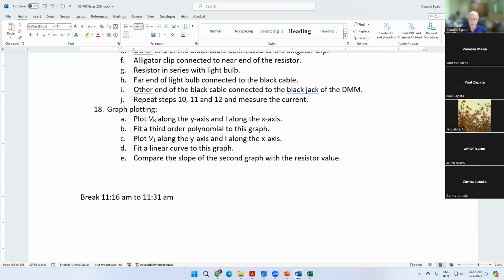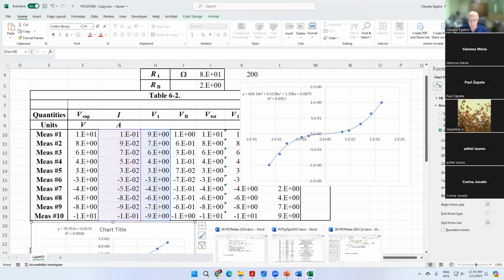Compare the slope of the second graph with the resistor value, which should be very close. So let's see how we are doing here.